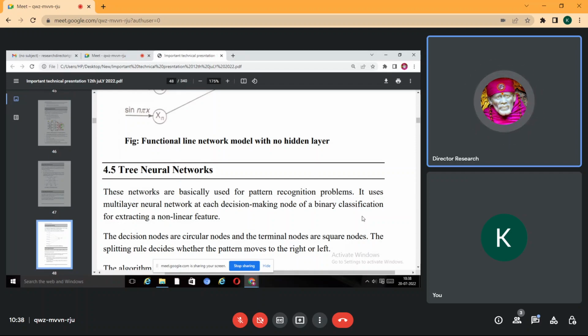The decision nodes are circular nodes, terminal nodes are square nodes. Just see that logic here.